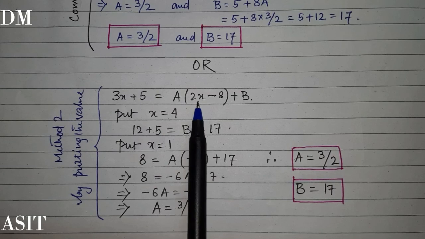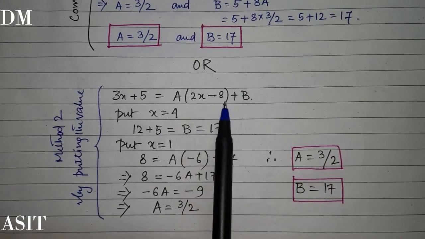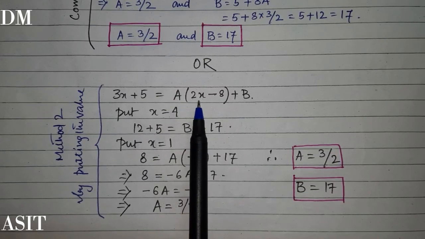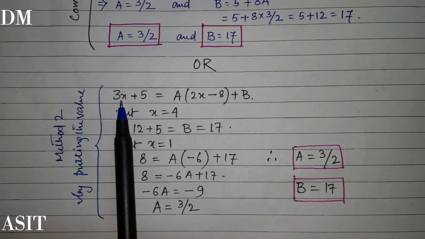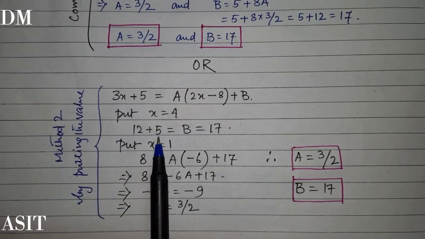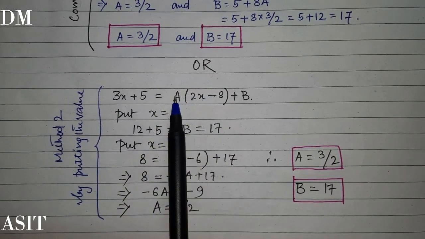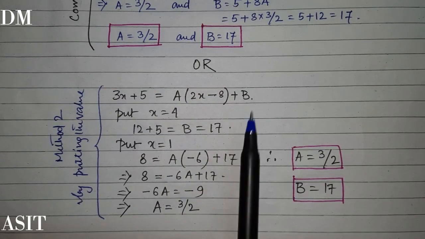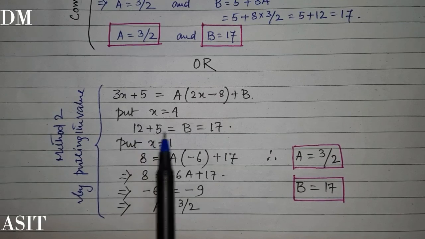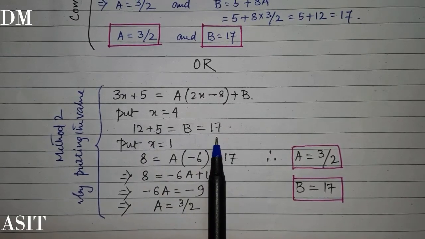If I put 4 here, this term will vanish because it will be 0. So 4 into 3, 12 plus 5, this term vanishes, plus b is equal to 17. Definitely b equals 12 plus 5, 17. We got the value of b.